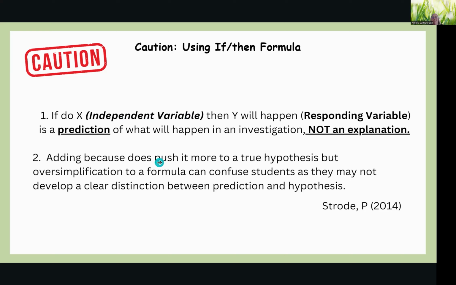Adding 'because' does push it to a true hypothesis, but what the literature shows is that oversimplification of doing that creates confusion for our students. And I think that's why, in general, many people who do not have a science background are confused. Like, I see grade 2 students doing a hypothesis. No, they're not. They're doing a prediction.